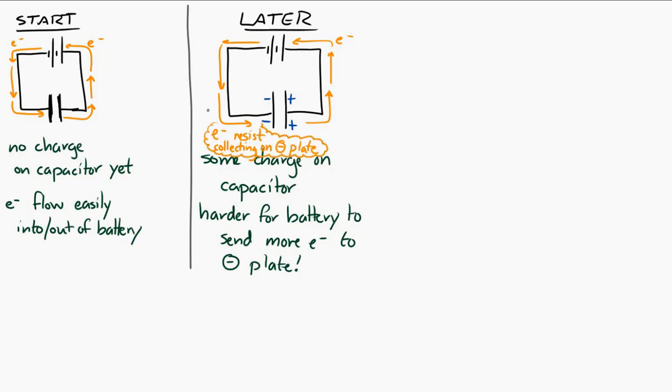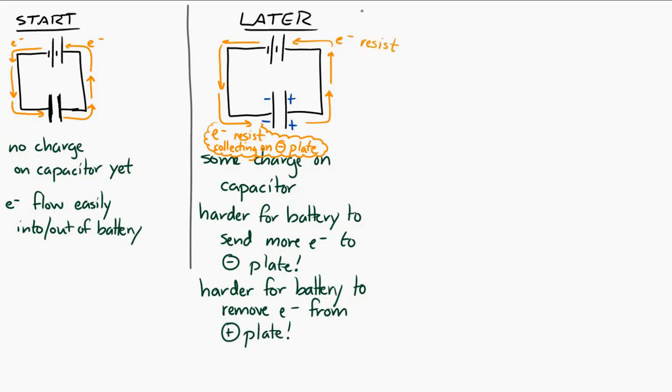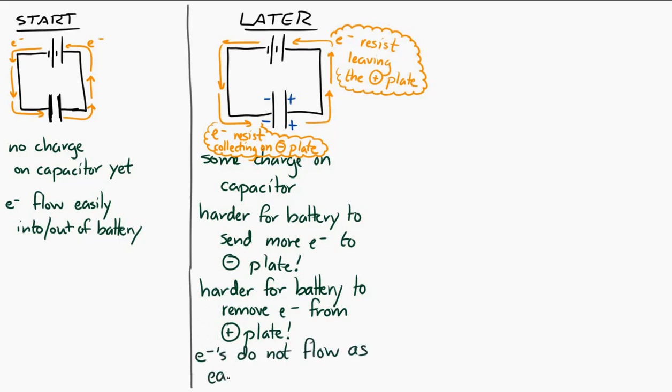Also, on the positive side, the battery is attempting to pull electrons away from that positively charged plate, but those electrons are attracted to it, so it's more difficult for the electrons to be drawn out of that side. So at this point, it's more difficult for the electrons to flow. The current is going to be smaller at this point.